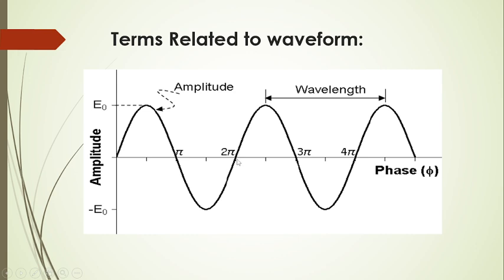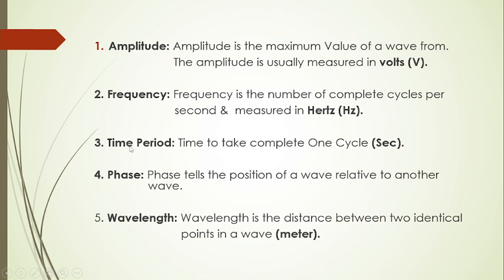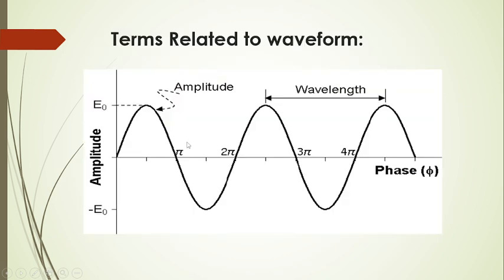This is a complete cycle and the number of cycles completed in 1 second is called the frequency. Then time period, it is the time taken to complete one cycle, measured in seconds. So it is the time to complete this one cycle, positive half and negative half. The timing to complete this kind of waveform is called the time period.